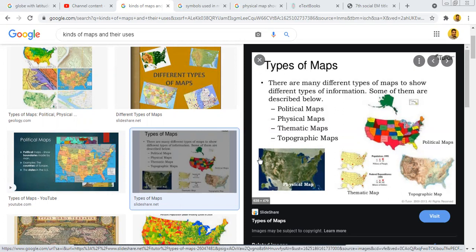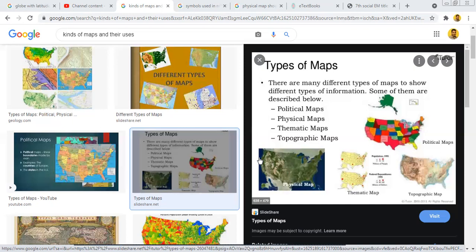Some tell us how much it rains. Some tell how hot or cold it gets. Some maps we use to explain about the soils, and some maps to explain about forests or population. So we use different maps to explain different features.